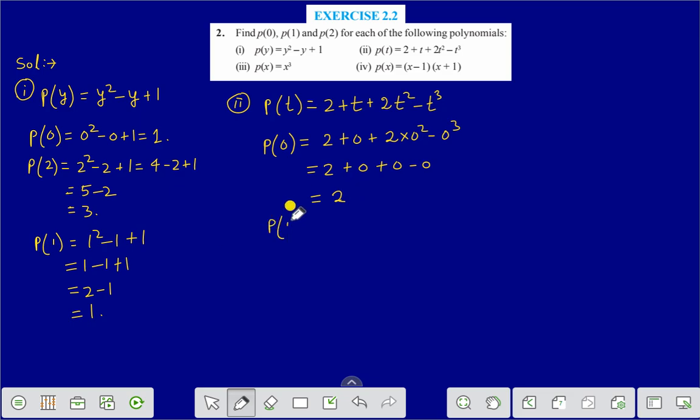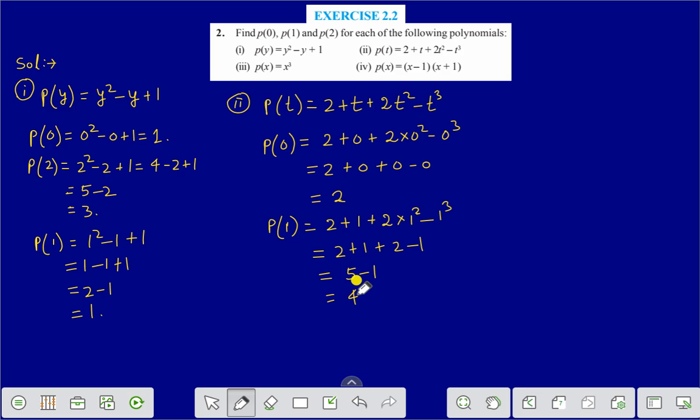P1 is equal to 2 plus 1 plus 2 into 1 square minus 1 cube. To get the value, 2 plus 1 plus 2 minus 1, or 2 plus 1 is 3, plus 2 is 5, 5 minus 1, that is equal to 4.